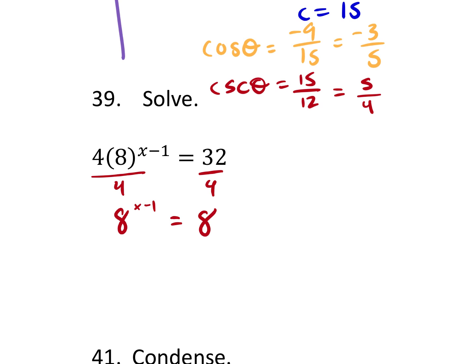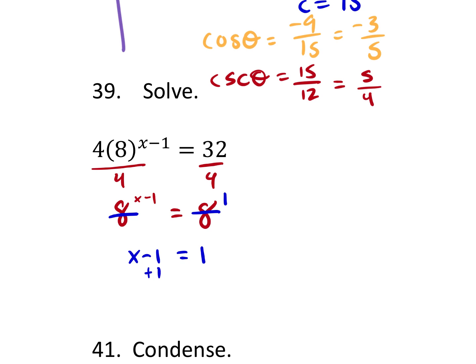I can cancel it. What am I left with on the right side? Just 1, because it's 8 to the power of 1. So if I'm canceling out the bases, it'd be x minus 1 is equal to 1. Then we add 1 to both sides. So x is equal to 2. Take the log base 8 of both sides.